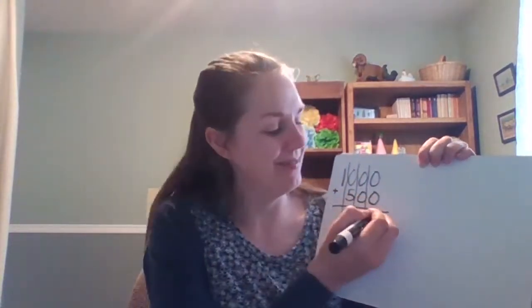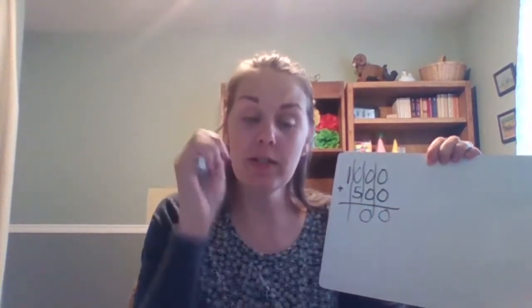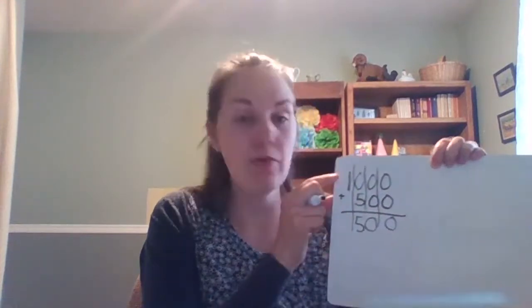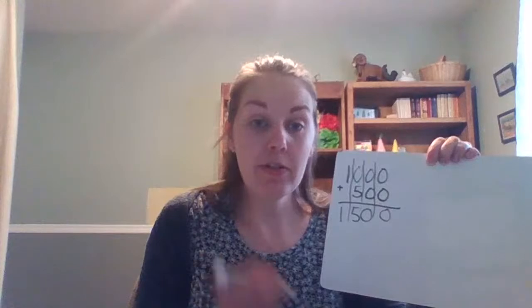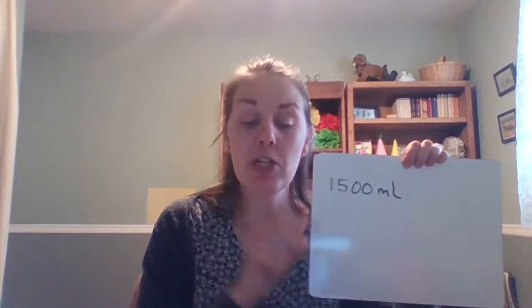Yep, that looks good. So 0 plus 0, oh, I know that, that's 0. 0 and 0 again, 0. 0 and 5 more. I started with nothing, I added 5 to it, now I have 5. And 1 plus nothing would be 1. So the first bottle, just by itself, I'm going to go ahead and erase this just for clarity, is going to be 1,500 milliliters for just that first bottle.